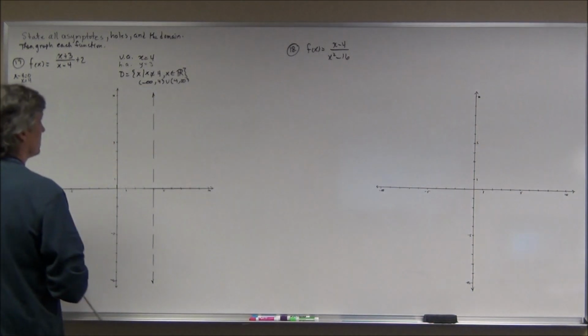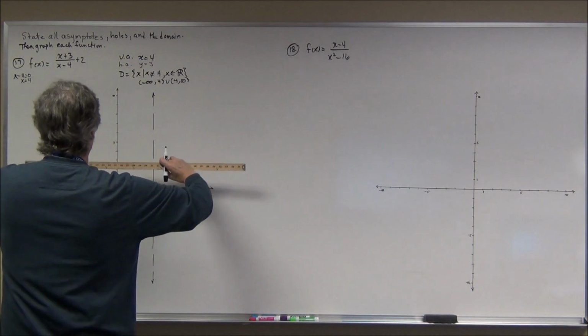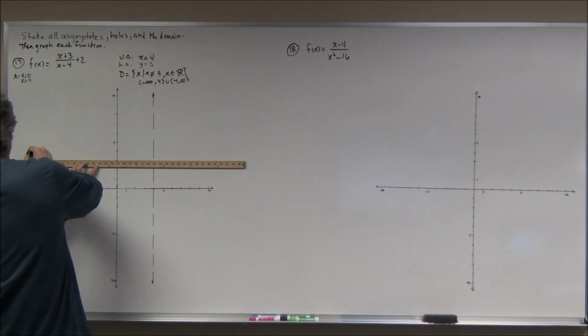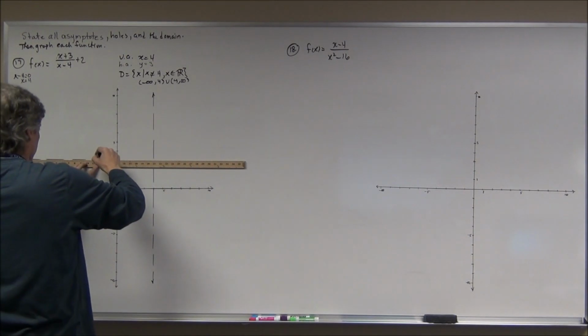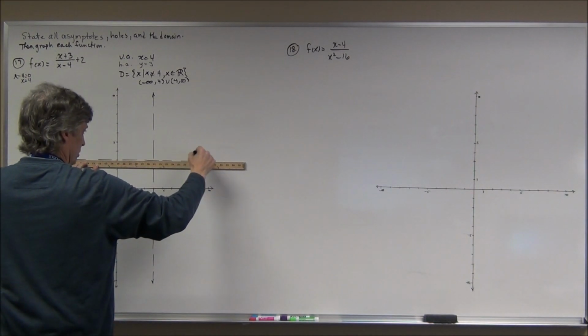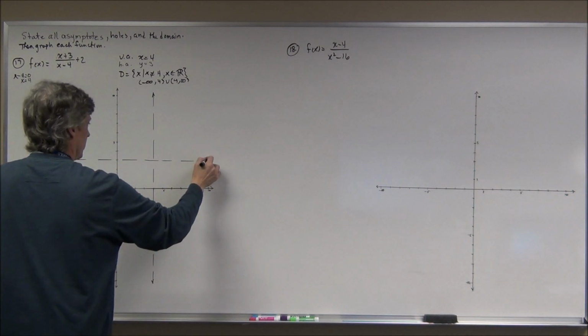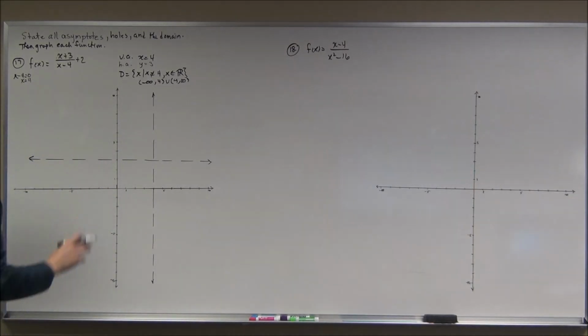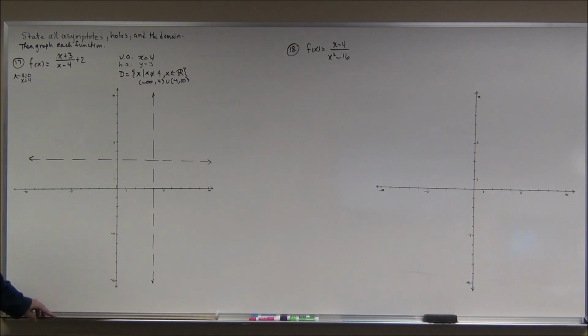Put arrows on the ends, and y equals 3 is a horizontal line right here. 1, 2, 3. Again, try not to let your straight edge move. And there it is. And it breaks it into 4 regions, of which most likely this is going to be in 2 of the regions.